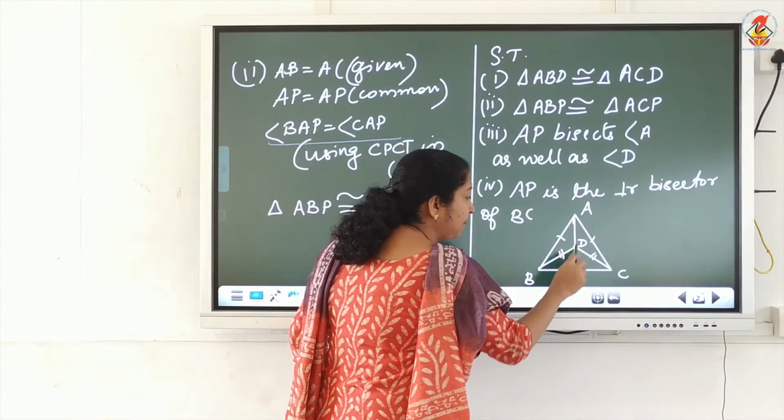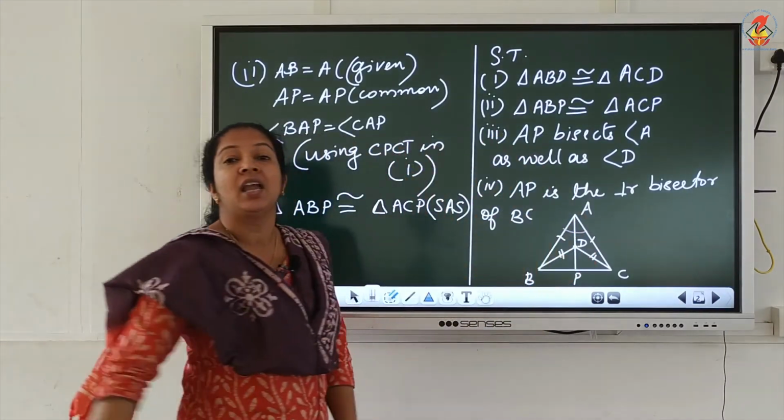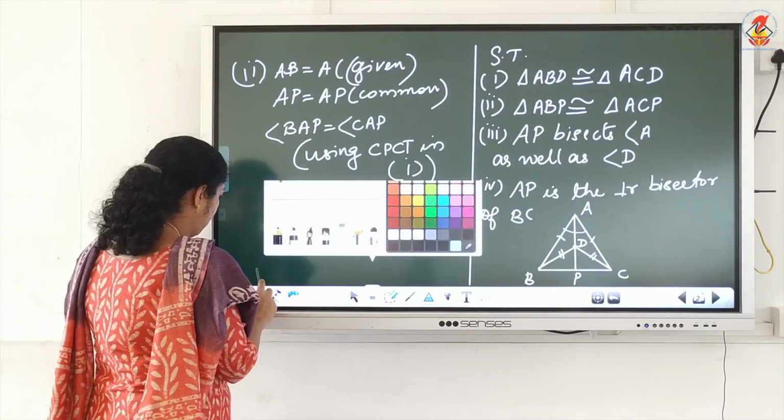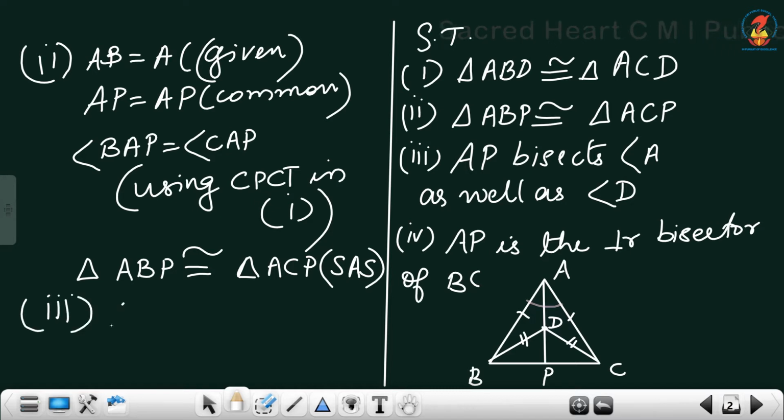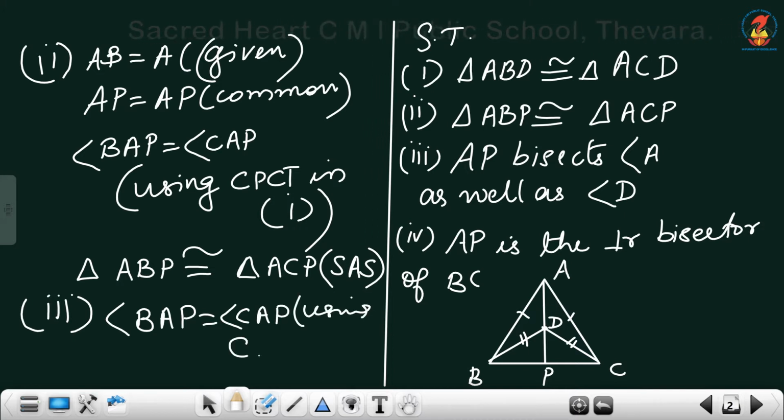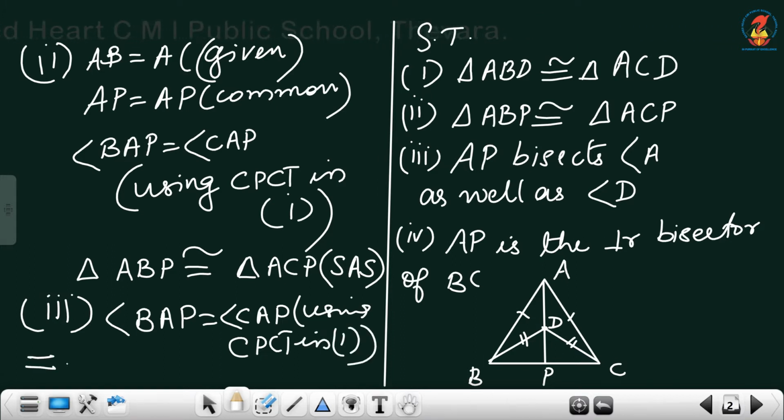So we can say AP bisects the total angle A. Third one, first part: angle BAP is equal to angle CAP using CPCT in 1. So what we can say? It implies that AP bisects angle A. Then we have to prove AP bisects angle D.